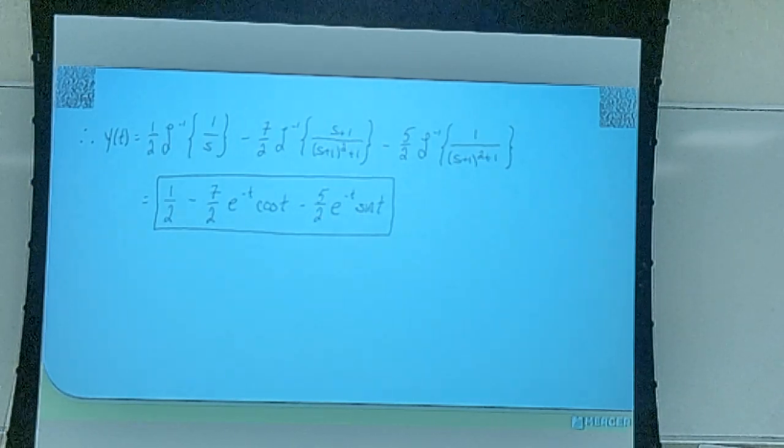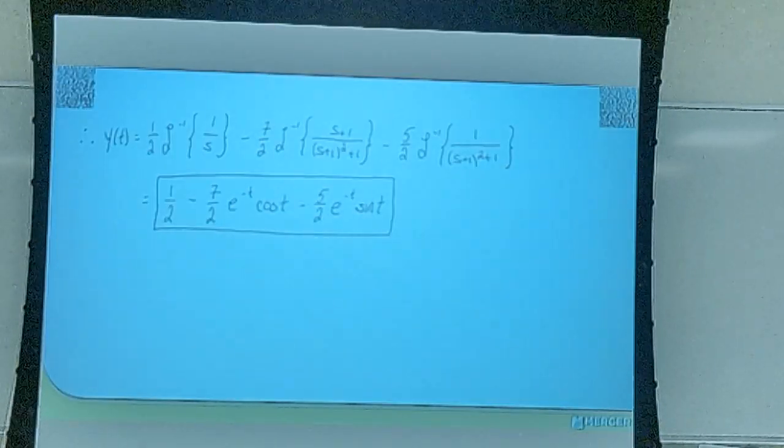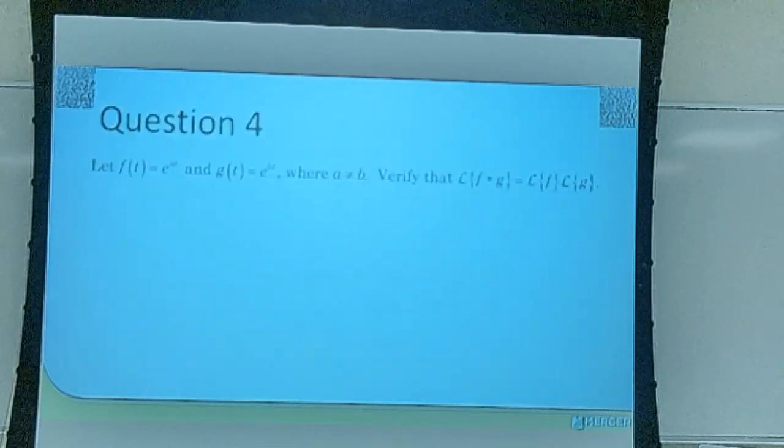Negative 1 plus or minus i. Alright, good. Let's move on to convolutions.